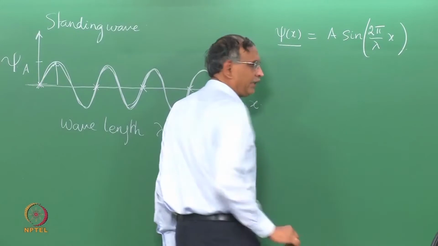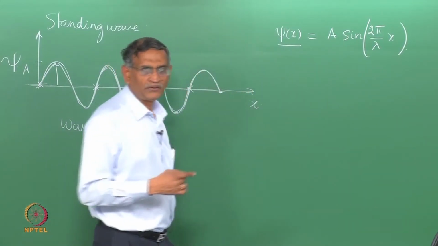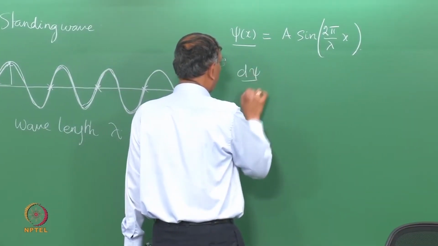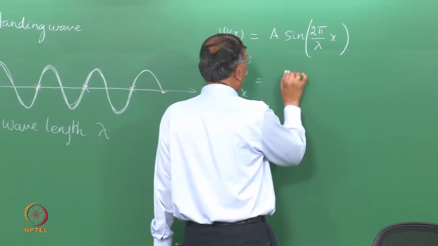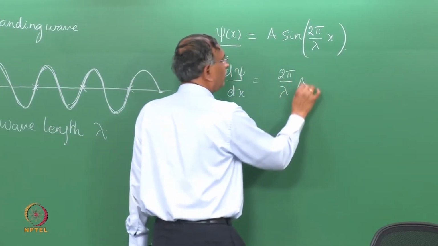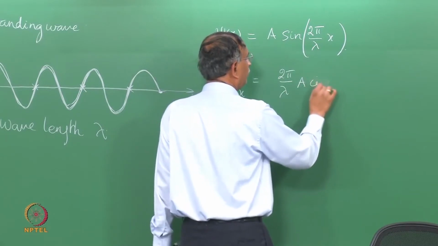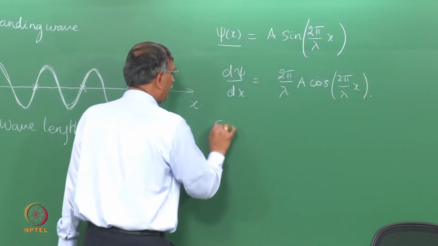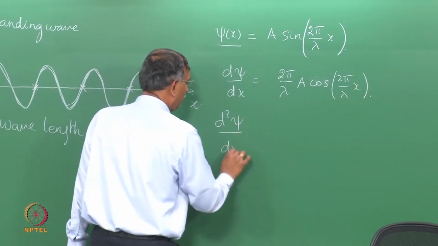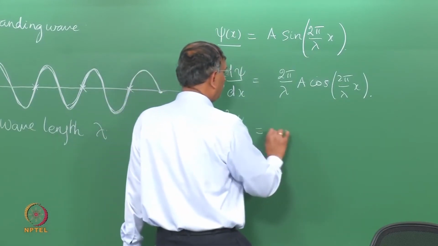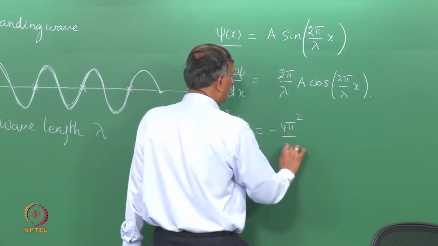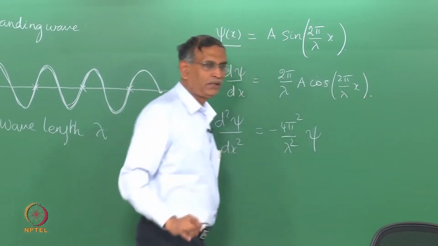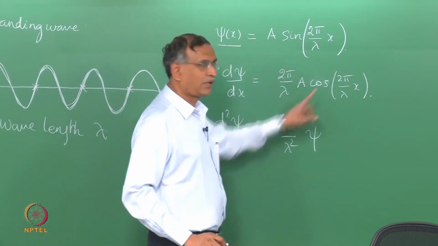Now this quantity psi, when you differentiate twice, satisfies a differential equation. Let's do that for the first derivative: d psi by dx is 2 pi by lambda times A cos 2 pi by lambda x, and the second derivative d square psi by dx square is equal to minus 4 pi square by lambda square psi of x, because this will become sine 2 pi by lambda of x, and that's the same thing as psi of x.